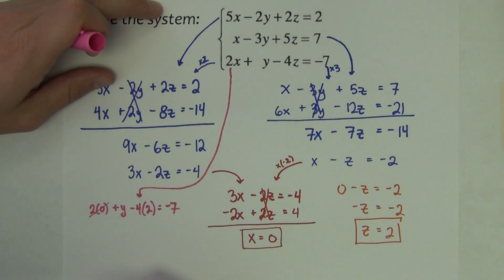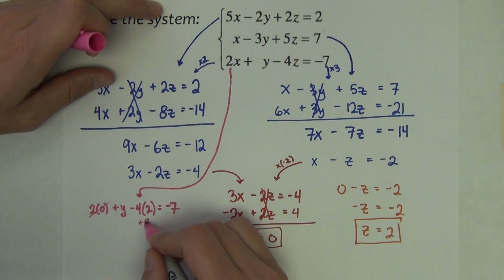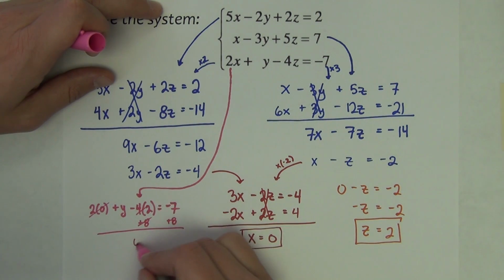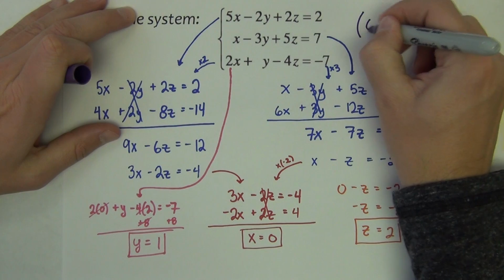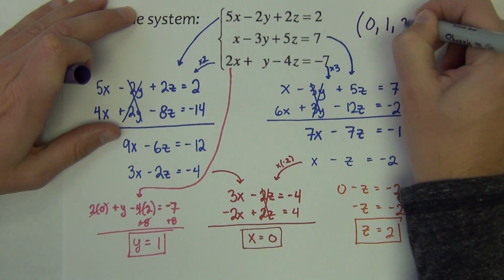This, of course, goes away. This, I add 8 to both sides. And we get y equals 1. So now I have x, I have y, I have z, I have the problem solved. My solution: 0, 1, 2.